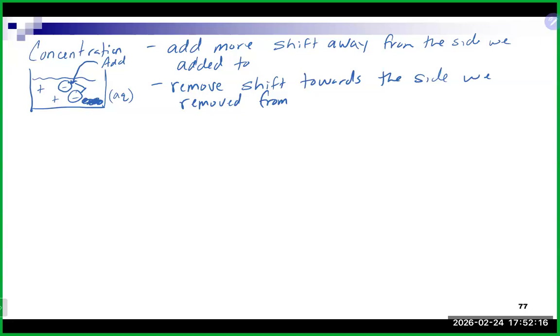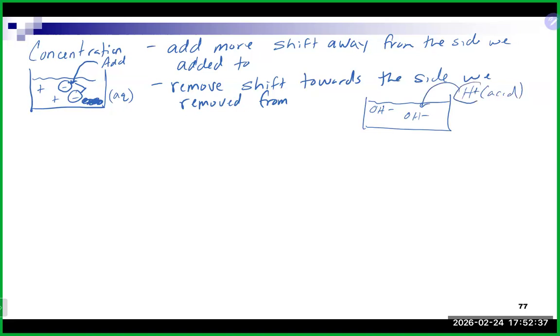Another way that we can very commonly remove something from solution, especially if our solution contains, for example, hydroxide or maybe H pluses, is if I have hydroxide in the solution, which is a base, I could add some acid to it.